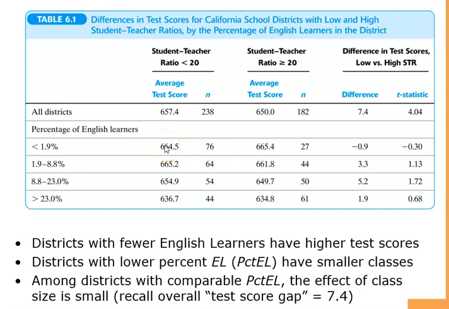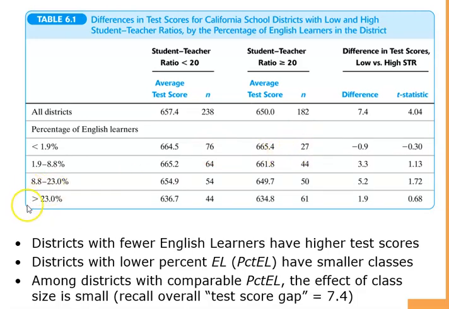So second condition is that the covariance between percentage of English learners and student-teacher ratio is not equal to 0, and that can also be seen because percentage of English learners, when it is low, just like in this category, there are way more number of schools with lower student-teacher ratio than the number of schools with higher student-teacher ratios.